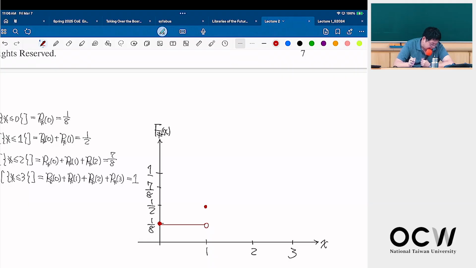But when x equals 1, it jumps to 1/2. Until x equals 2, it jumps to 7/8. And then it keeps the same value until getting 3 heads, then I get 1.